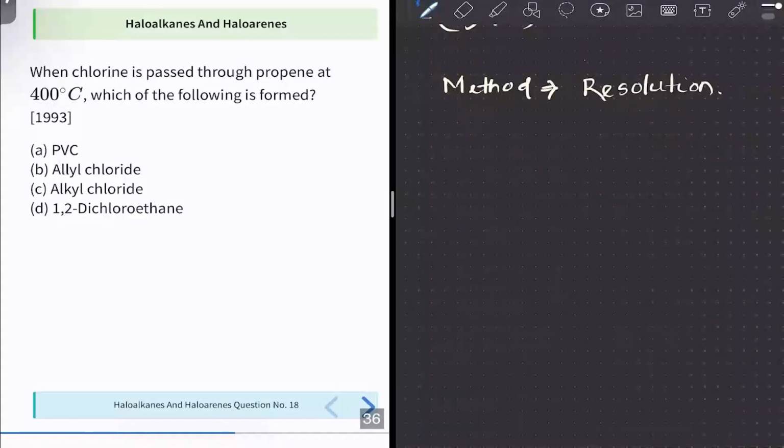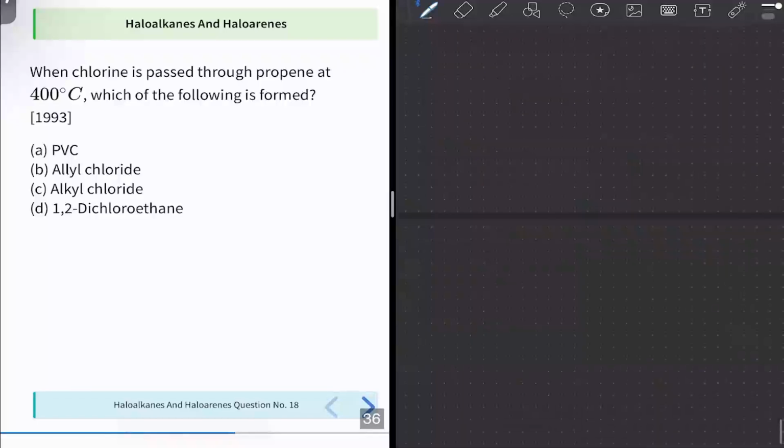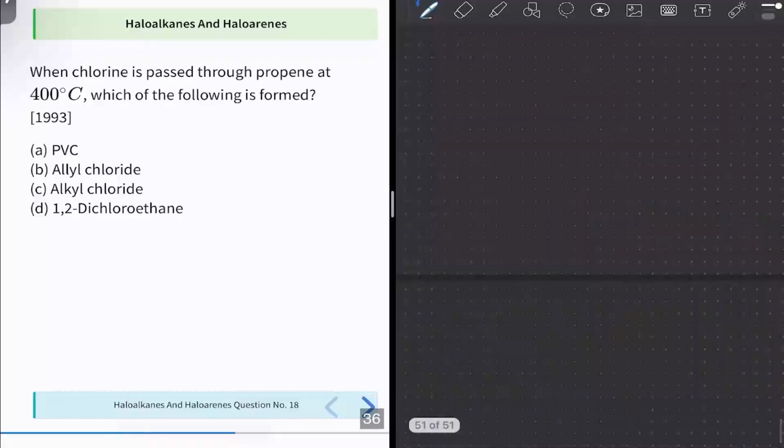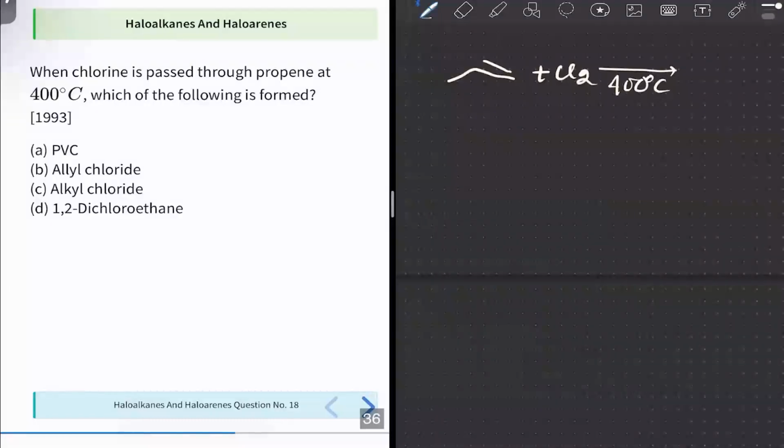When chlorine is passed through propene at 400 degrees Celsius, which of the following is formed? Let's draw propene plus chlorine at 400 degrees Celsius. So what will be the product?